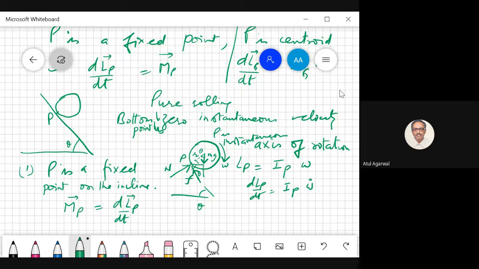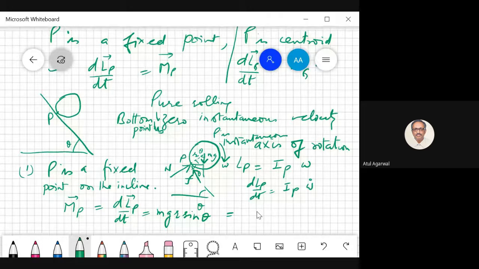So the moment is mg r sine theta, since mg is downwards and the perpendicular distance is r sine theta. Any problem? This torque is acting clockwise onto the cylinder. So Mp is equal to dLp by dt. Omega here also is clockwise, so the sign is all right.